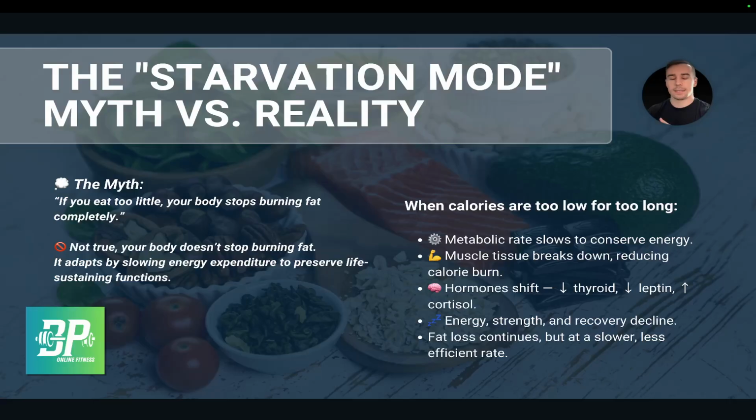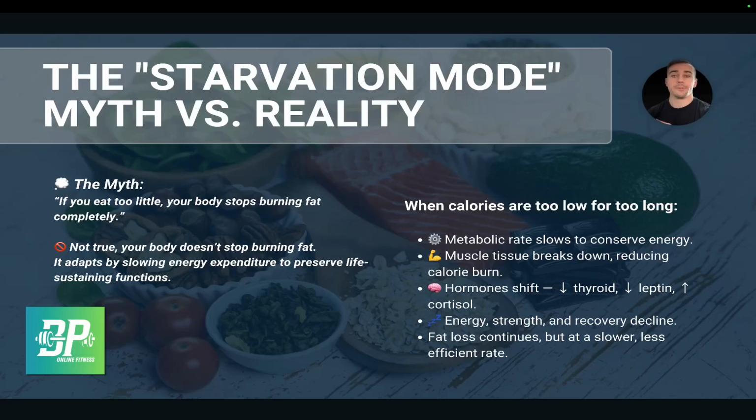And again, that's the difference when we're talking about metabolic adaptation. Our body is going to process things differently if we're not giving it what it needs. It's going to change how it processes it. This is a big thing that I think is important to understand.